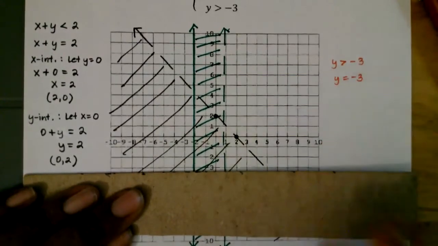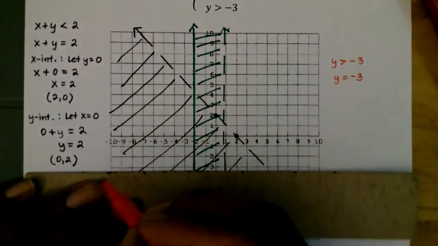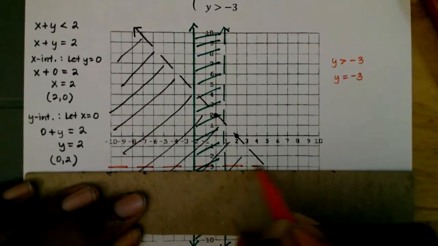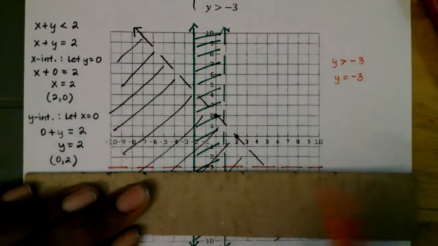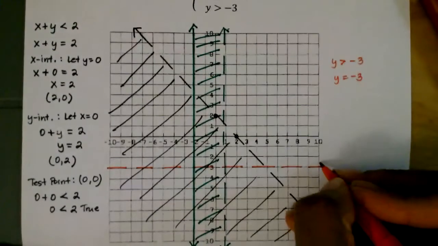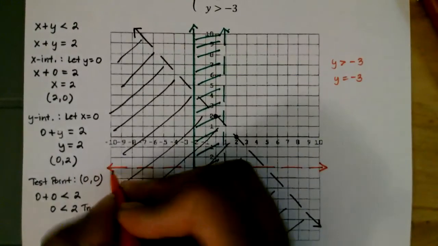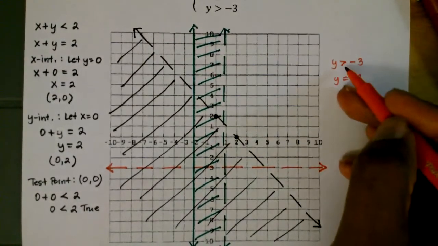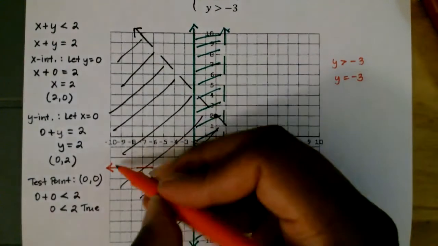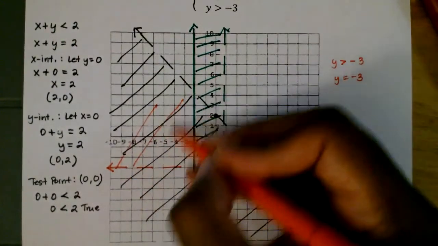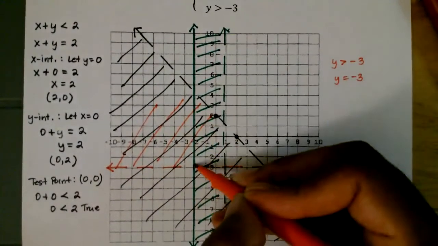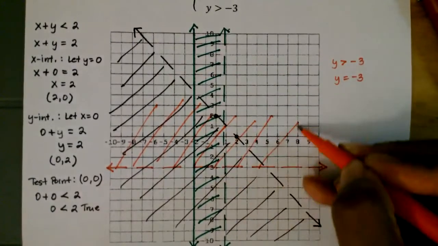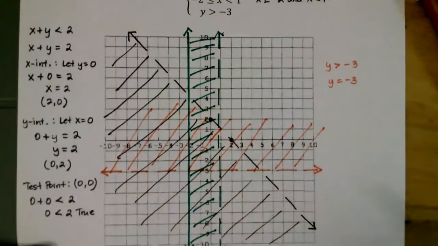But it just says strictly greater than, so I have to draw a broken line or a dotted line through the y-axis at -3. And since it says greater than, we shade above. Here I'm shading above y equals -3.